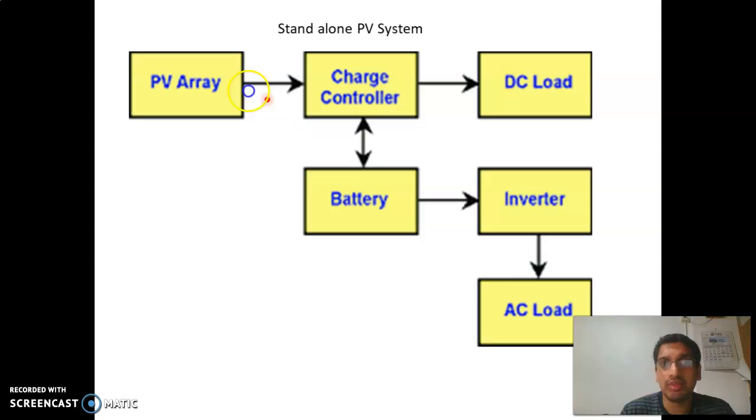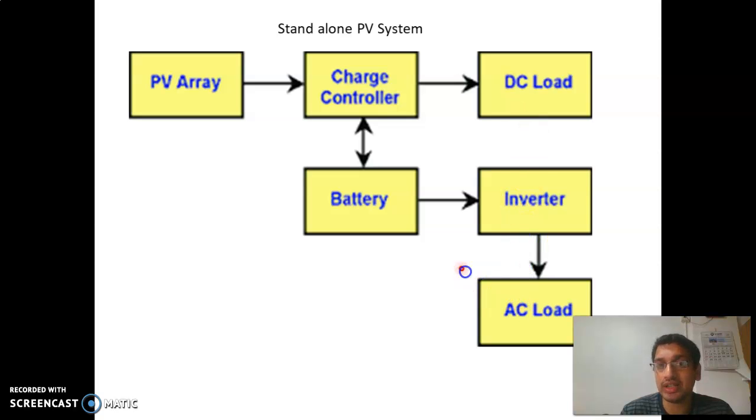Suppose the PV array fails to generate electricity, the AC loads and DC loads are energized from the battery supply. Suppose both PV and battery are dead, then we should shut down the DC load and AC load. We cannot energize both DC and AC loads.